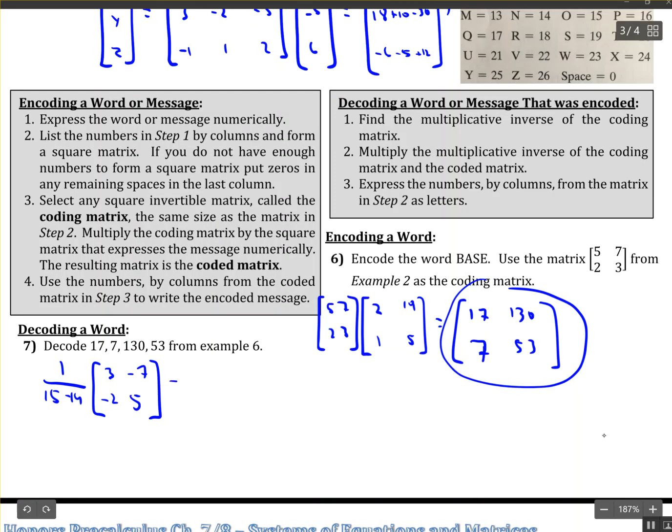So I get 3, negative 7, negative 2, 5. This is my inverse matrix right here, and I take my inverse times my coded matrix.